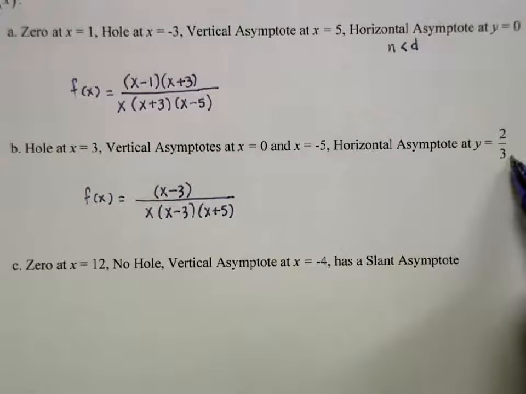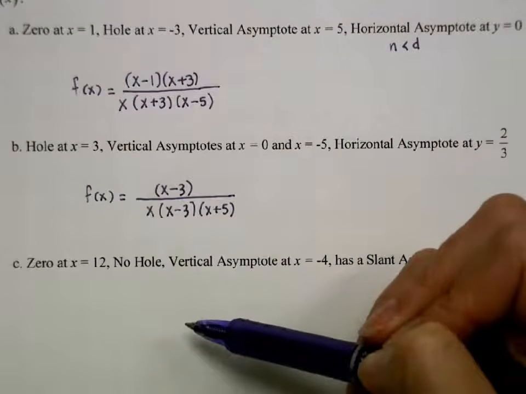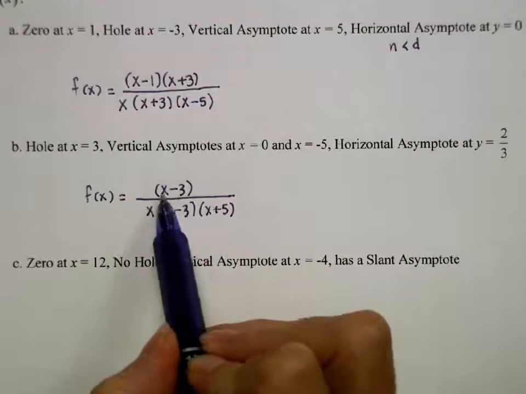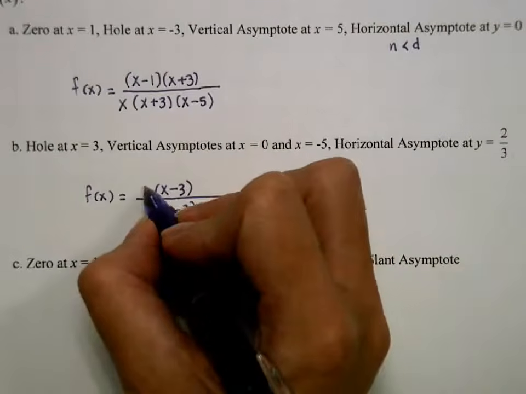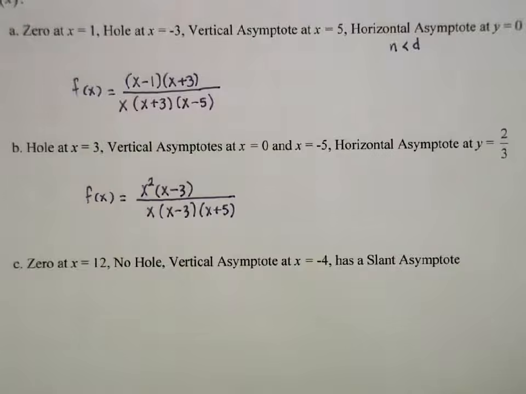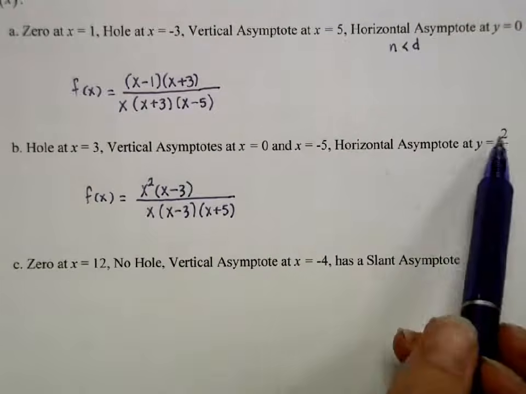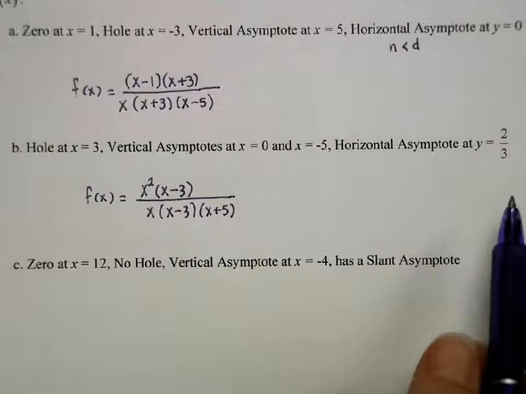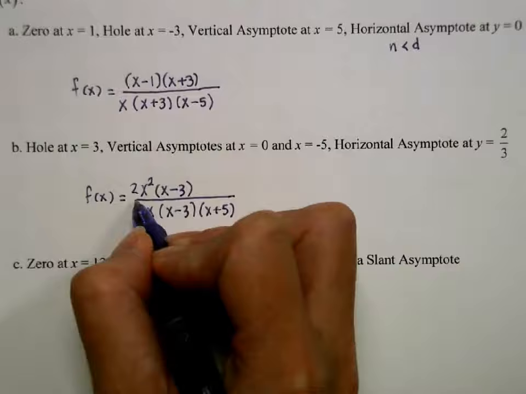First, if it has a value other than 0, that means the degree of the top and the bottom have to be the same. And right now I have a degree 1 over a degree 3. So I need to bump this up to a degree 3 to match it. Then we need to adjust the 2/3. That means I need the ratio of the leading coefficients to be 2/3. So I will simply put a 2 on the top and a 3 on the bottom, and we're going to be good to go there.